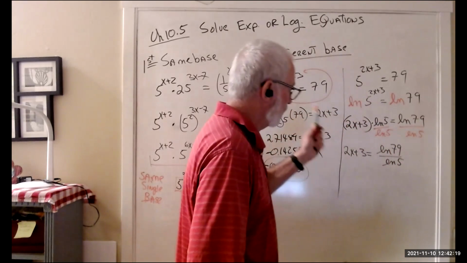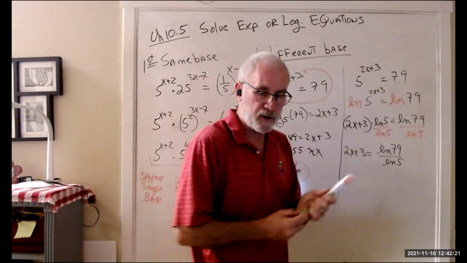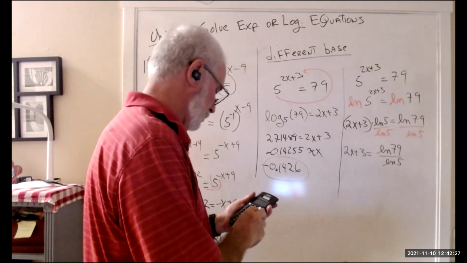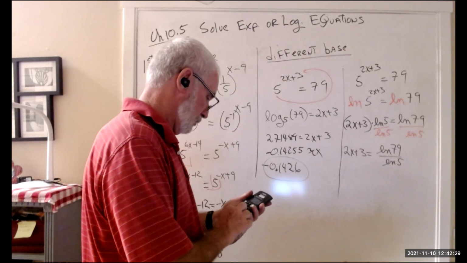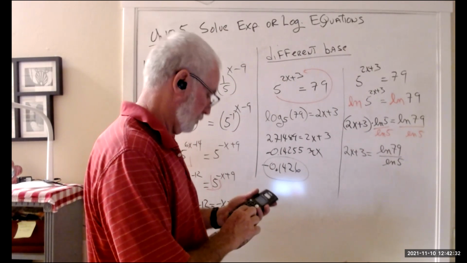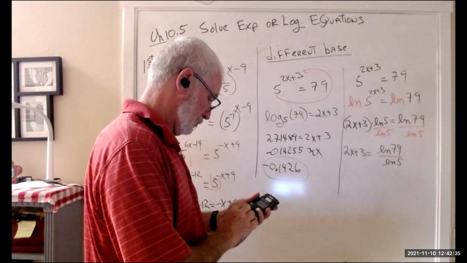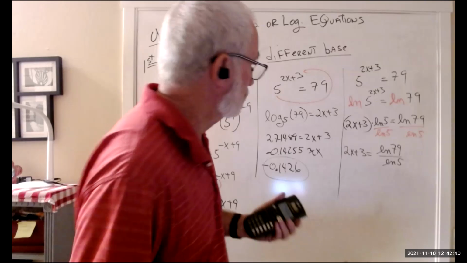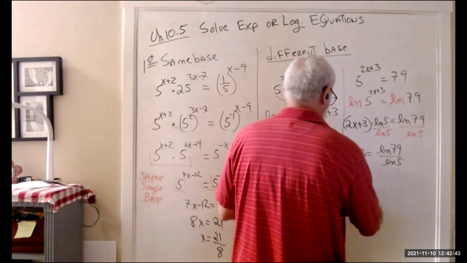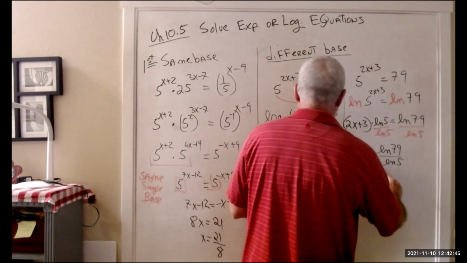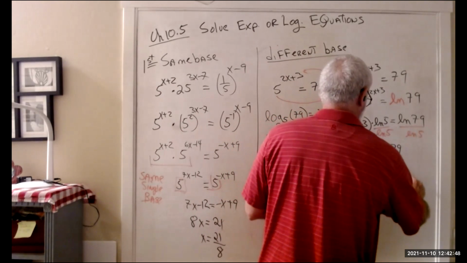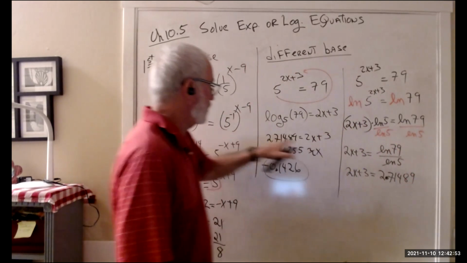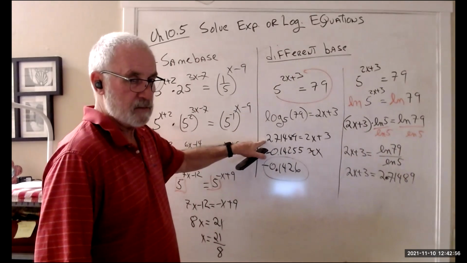Now at this point, if you do the rest of it on your calculator, I get 2x plus 3 equals 2.71489, et cetera. Notice that the problems at this point are exactly the same.